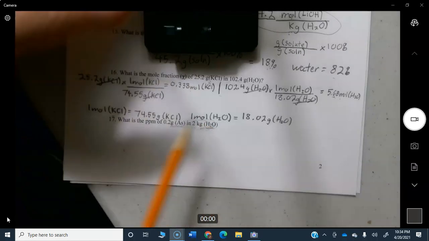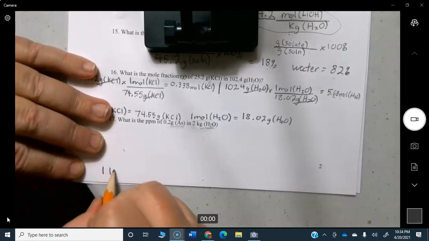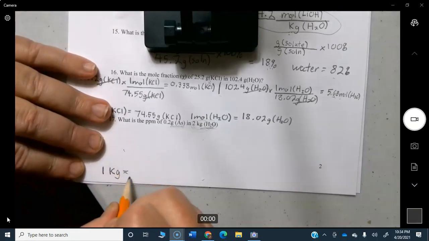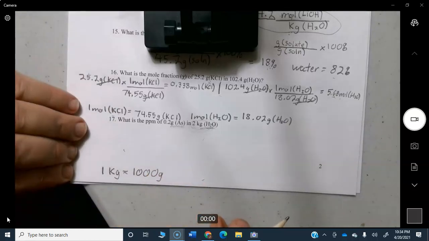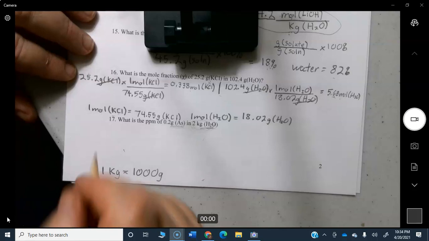A kilogram, so you should know that conversion. 1 kilogram equals 1,000 grams of anything. Okay, so let's go ahead and make that conversion first.